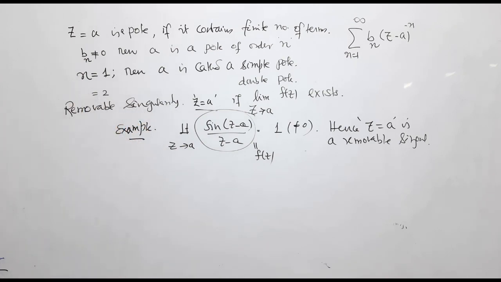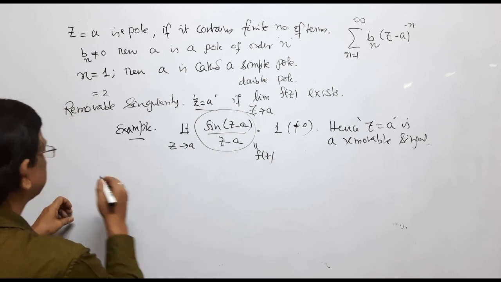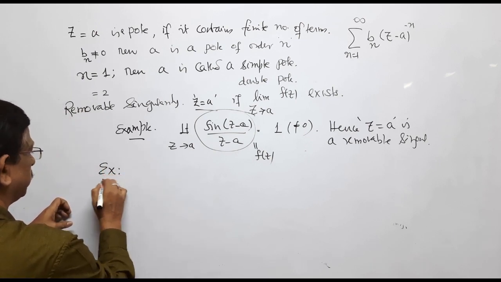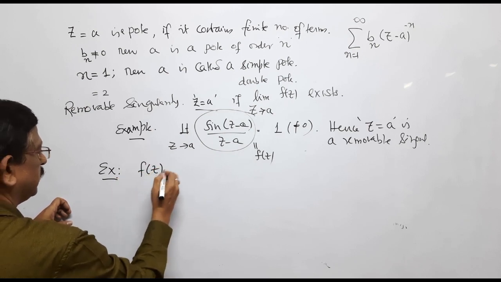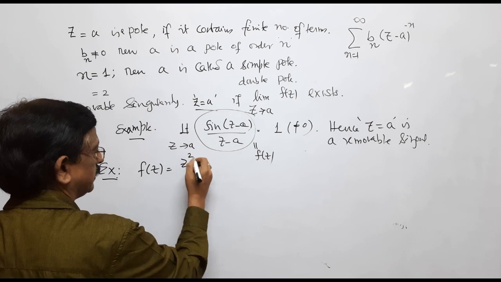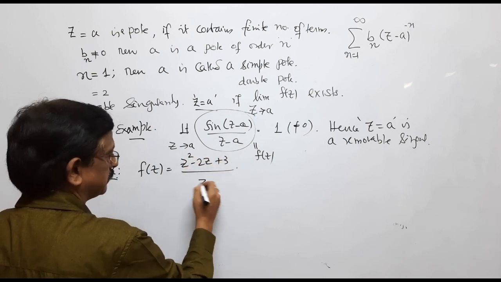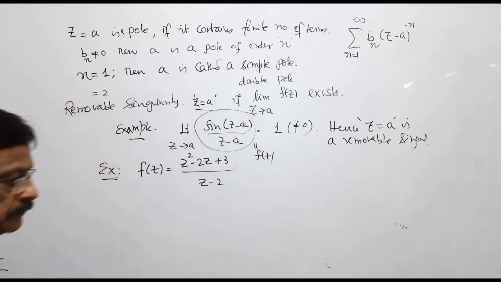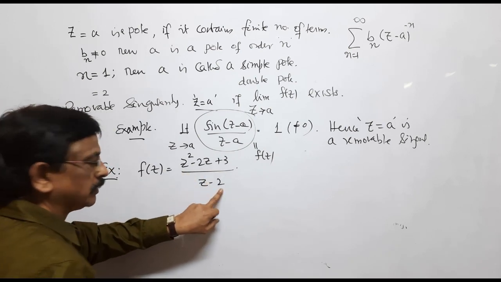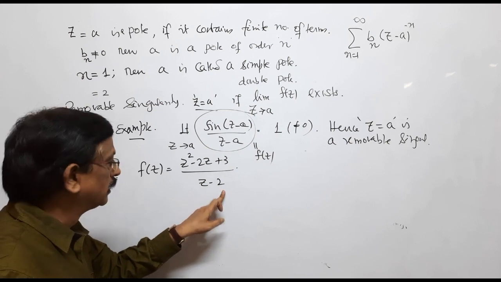Well, let us see another example of this function: f(z) = (z² − 2z + 3)/(z − 2). Now, 2 is a singular point.